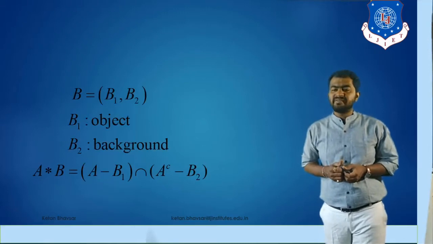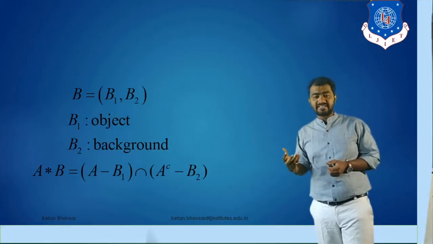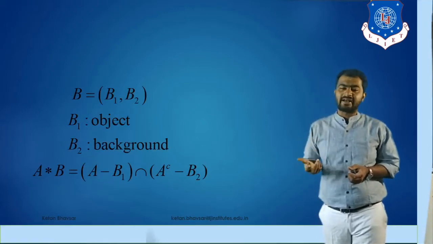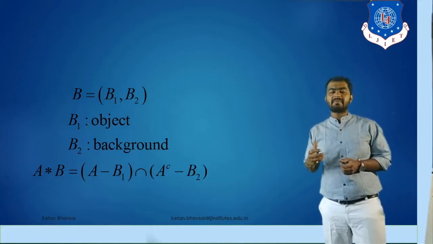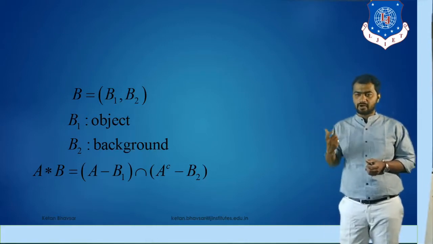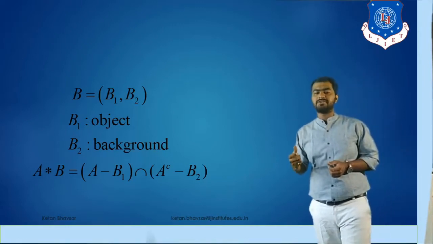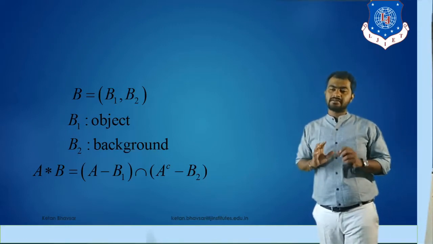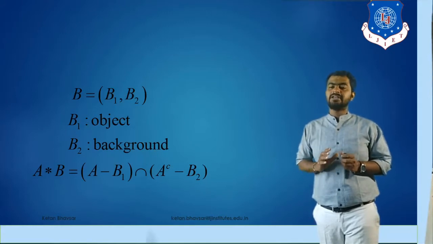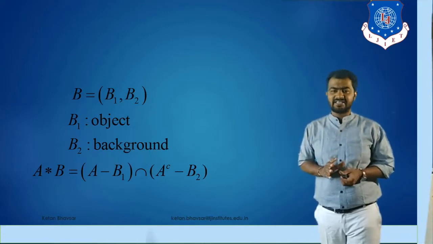Now B is equal to B1 and B2, where B1 is the object and B2 is the background. So A star B is equal to (A erosion B1), in terms of the object, intersection (A complement erosion B2). It is as simple as that, the hit or miss transformation technique.